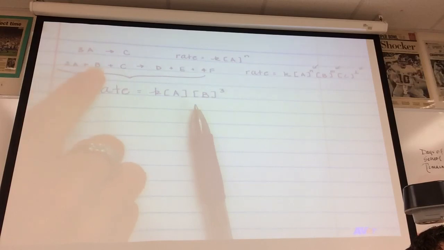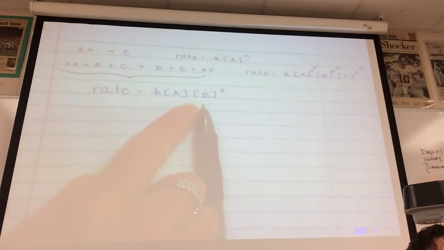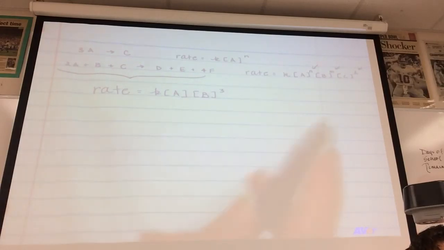So if a reactant is not in a rate law, the order with respect to that reactant would be 0, and altering its concentration would have no effect on the rate.